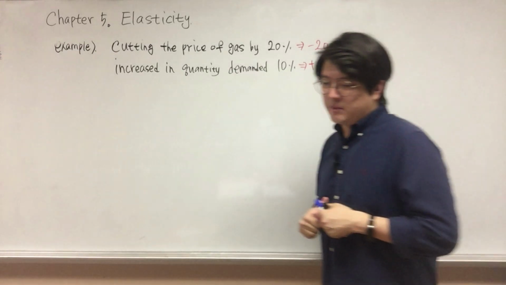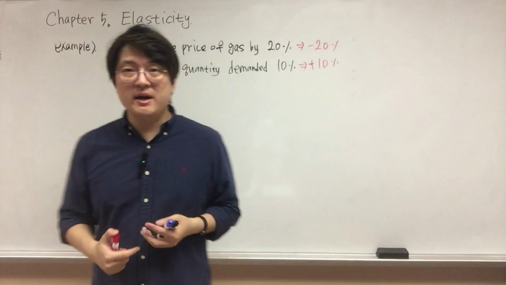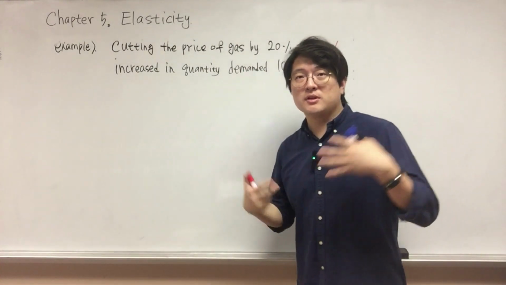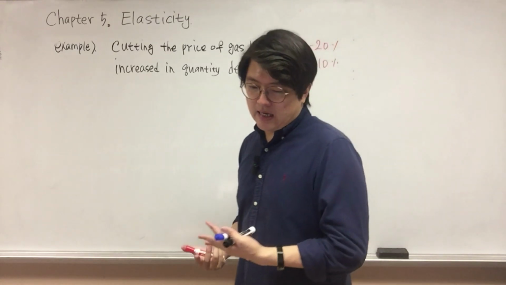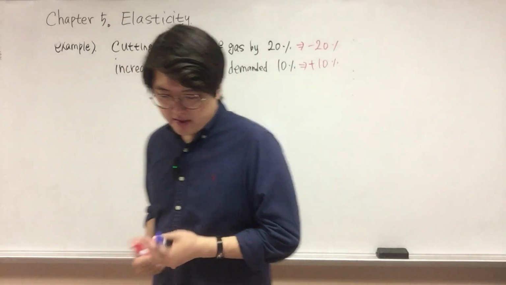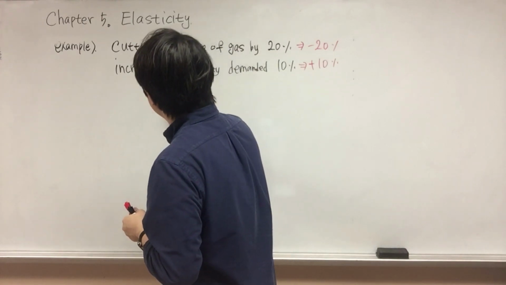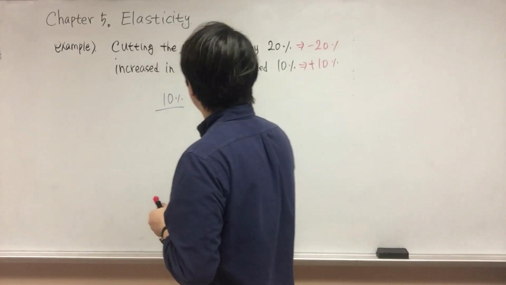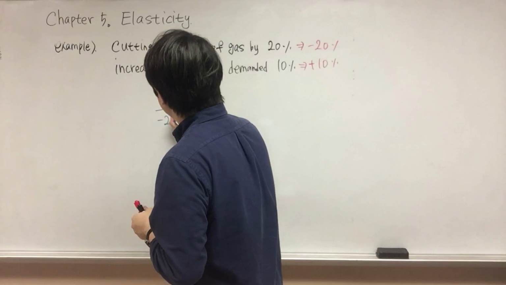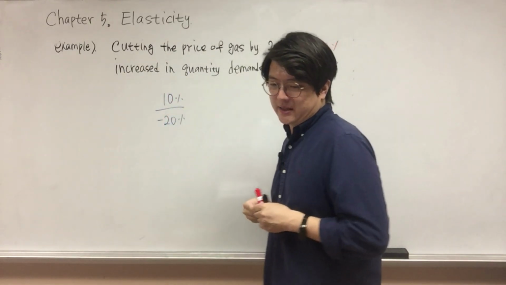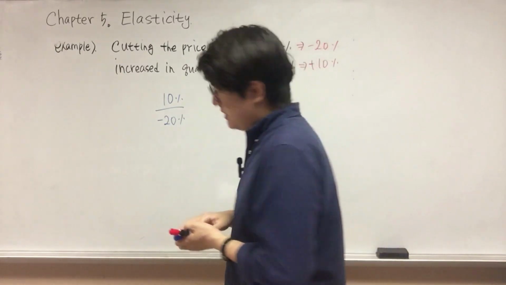If we use the price elasticity of demand, the percent change in quantity demanded divided by the percent change in price, that is 10% divided by minus 20%.